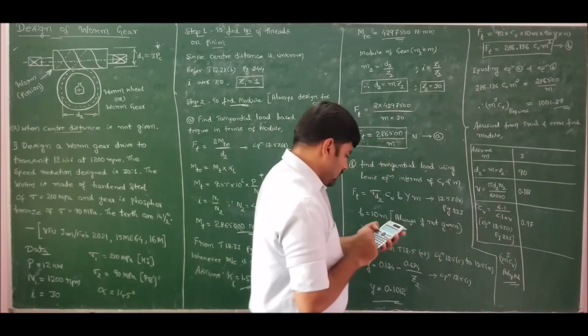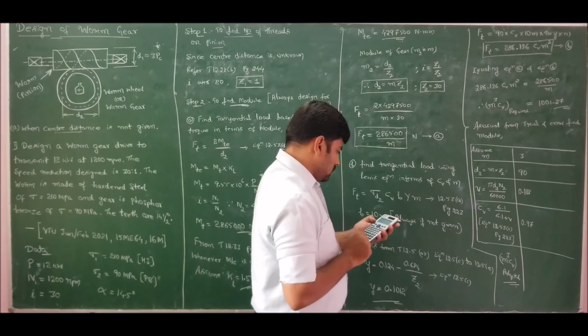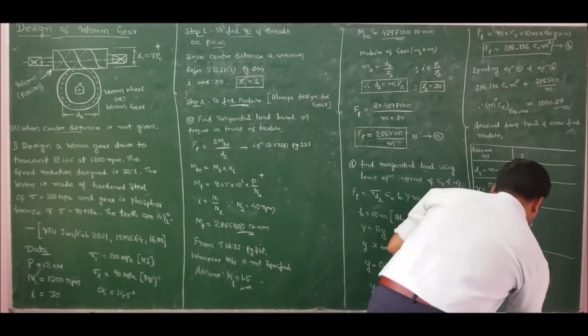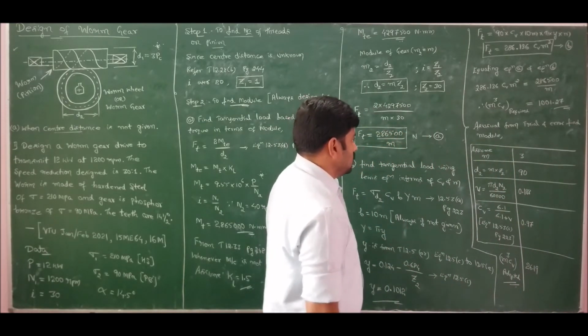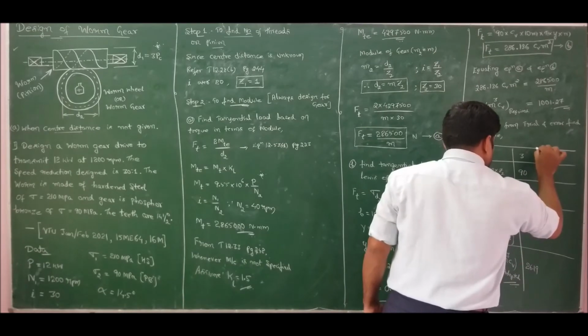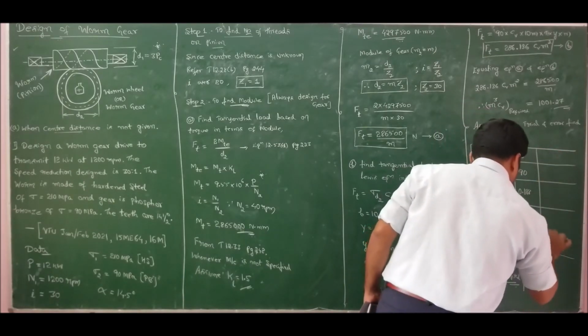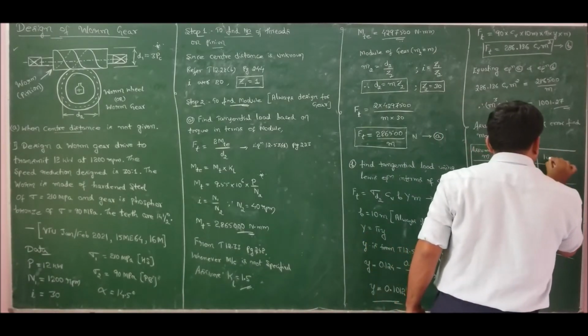Therefore, m cube CV will become 26.19, which is very, very far away. So directly I will jump to 10 and check.